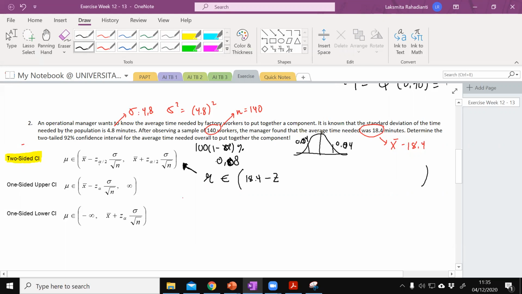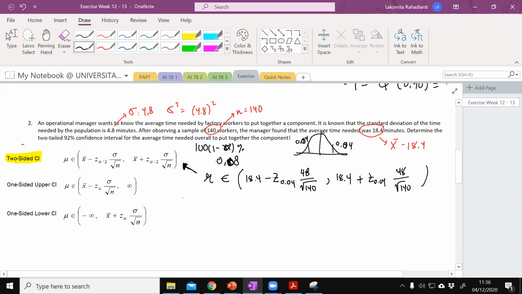It's alpha divided by 2, not 0.08, so z 0.04, and sigma, which is the population standard deviation, is 4.8, divided by the square root of n, 140. And the other limit is 18.4 plus z 0.04 times 4.8 over the square root of 140.